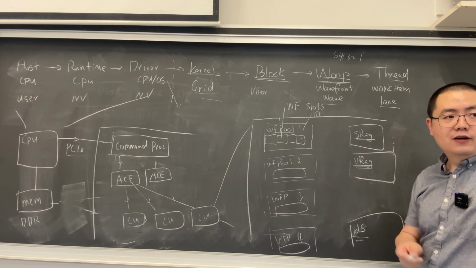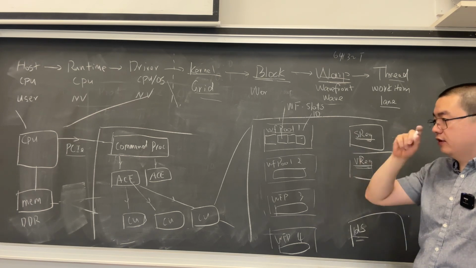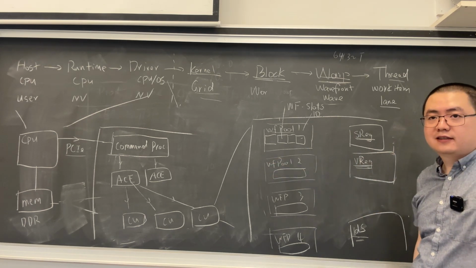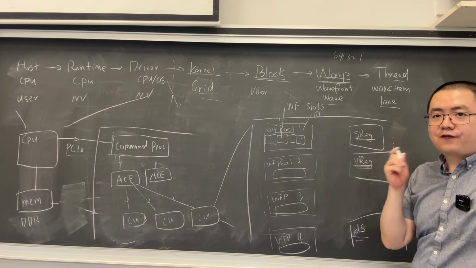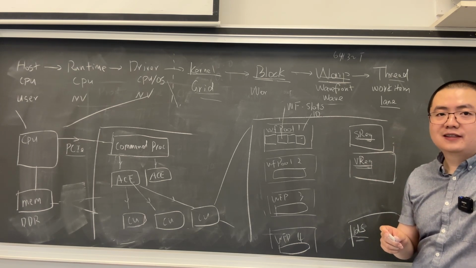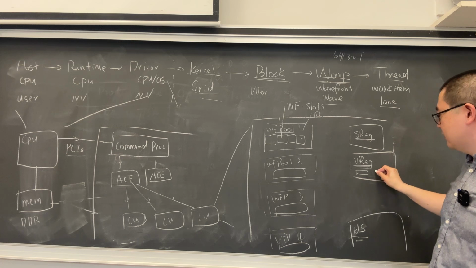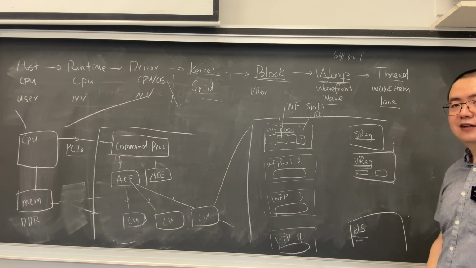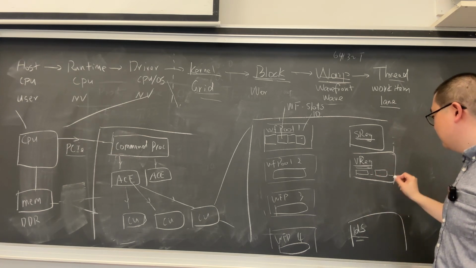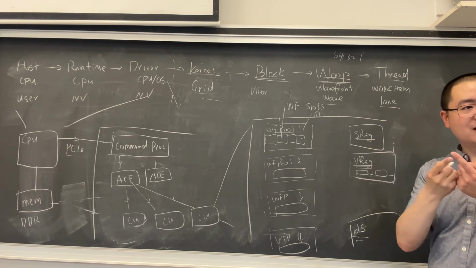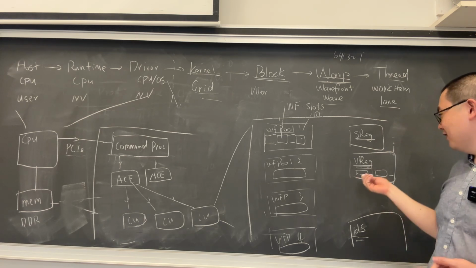Then when we're executing multiple kernels, because there are multiple ACEs there, we can even have a fragmentation problem. Let's say we have one part of the register allocated, and another part allocated. The rest of the space combined may have enough room for one warp, but it's not connected.